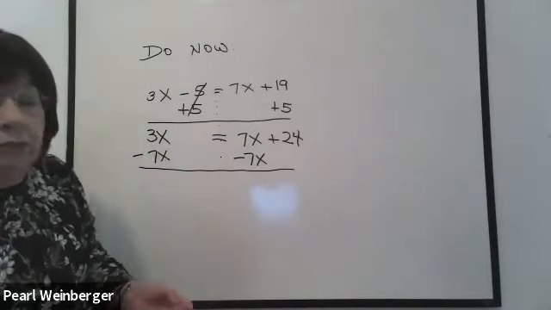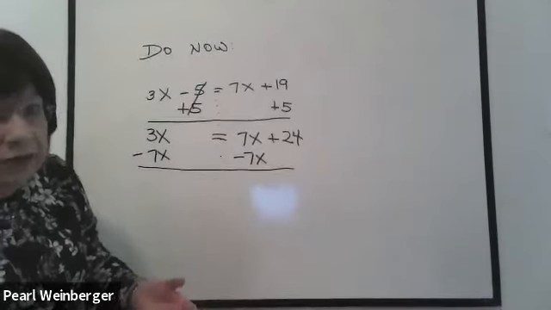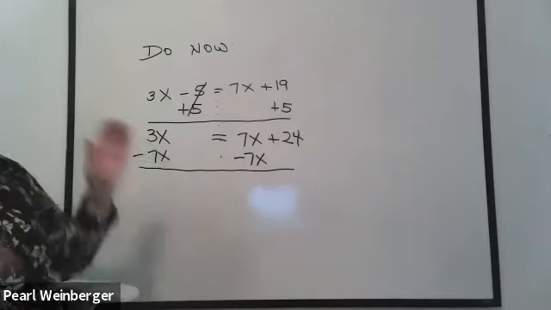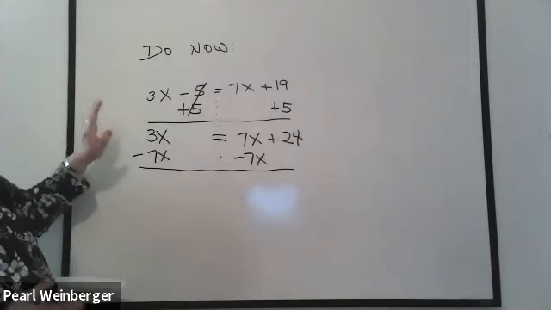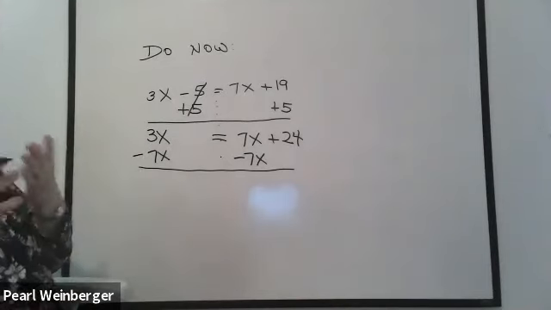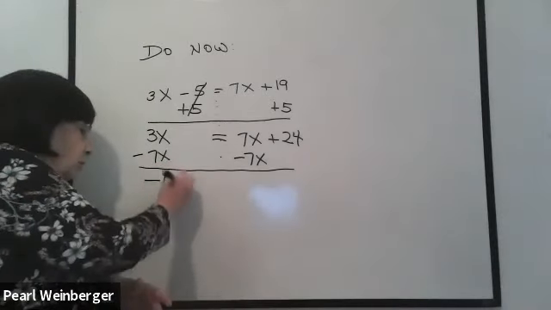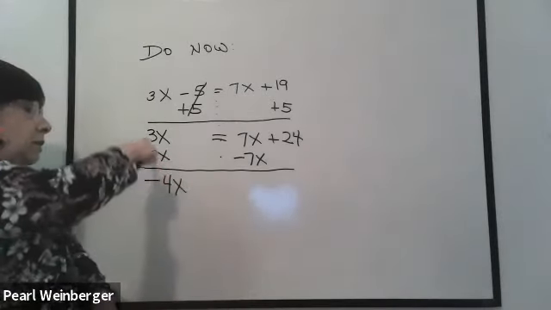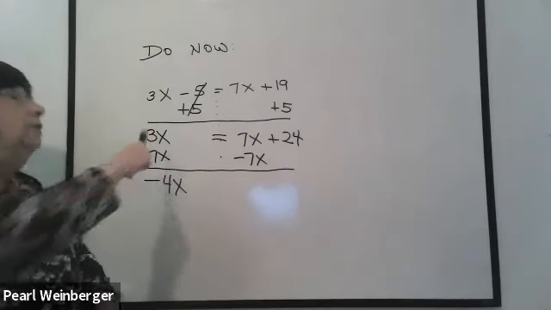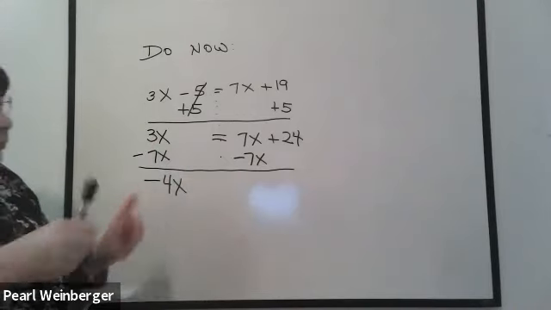Now, I really am expecting you to be able to do this. If you're having trouble, take your calculator and just do, you don't need the x parts. What you need is a number. You're just combining the coefficients. Do 3 minus 7 on your calculator. Of course, you're going to get negative 4x. Remember that because when you add signed numbers, if their signs are different, you're really subtracting them and taking the sign of the larger number.